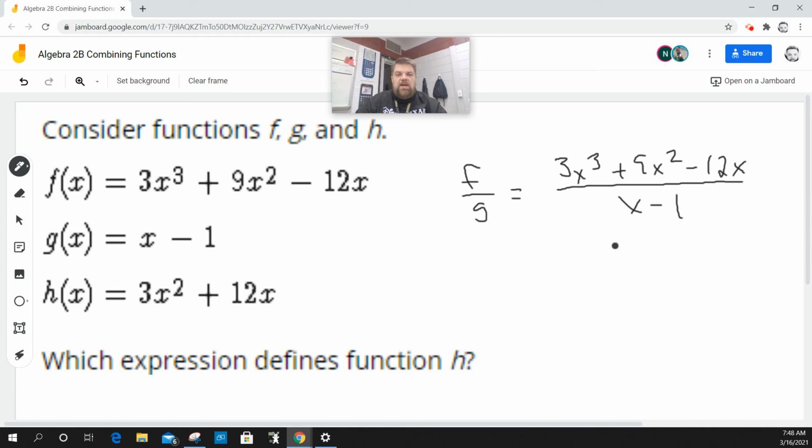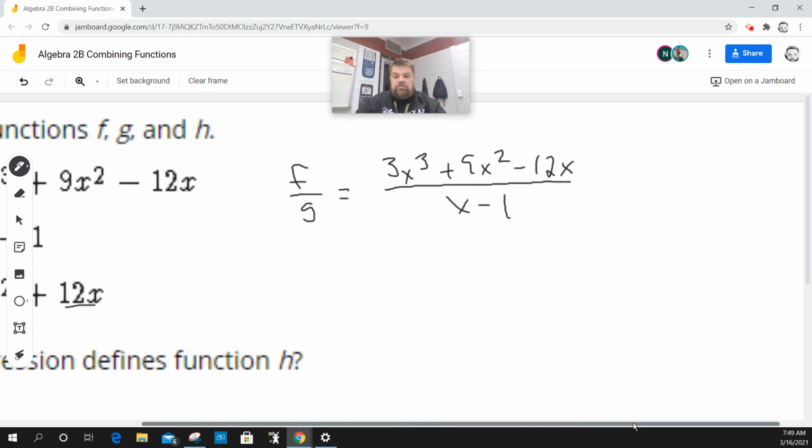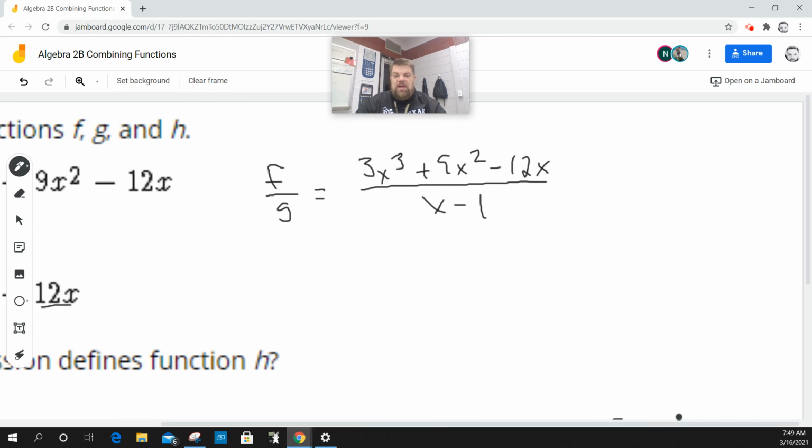So remember, whenever we have a rational expression, what we need to do is some prime factorization and see if something cancels. Okay, g has to divide into f evenly, and when we're all done, we should get this. So I look at f and I realize that all three numbers are divisible by 3.